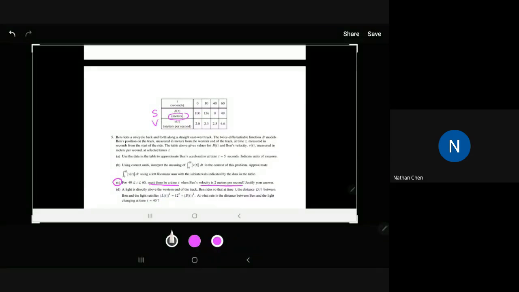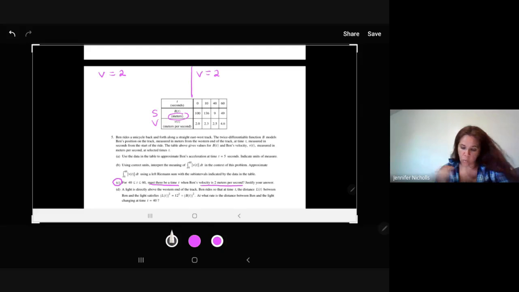So I'm going to do it two ways over here. When it tells me velocity has to be 2, I could do that in two different ways. One way I could do it is I could use a V graph, and K is 2.